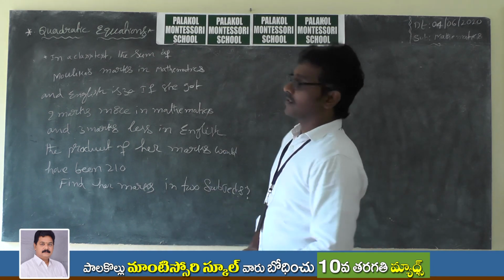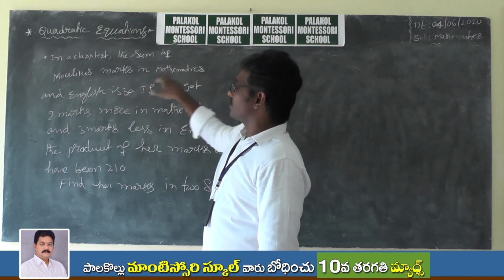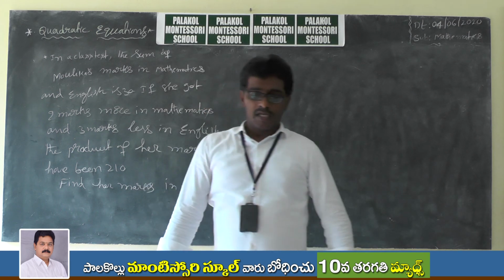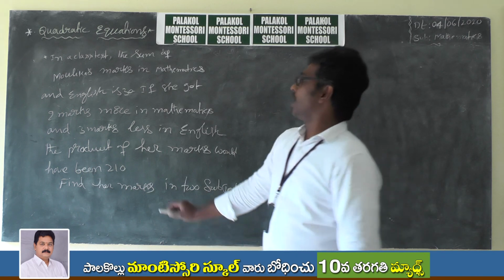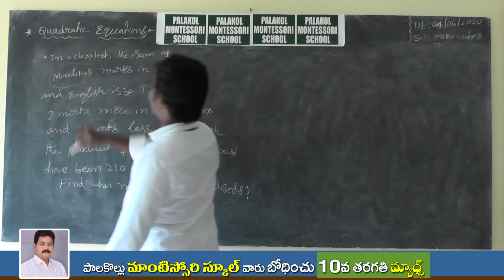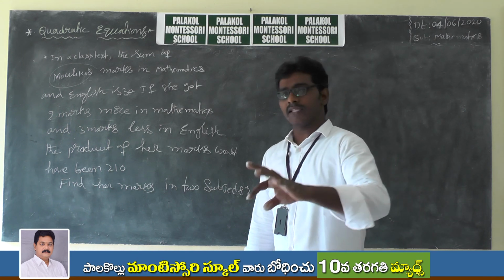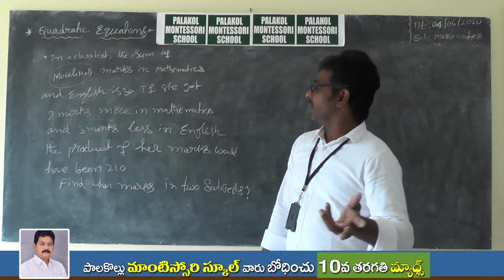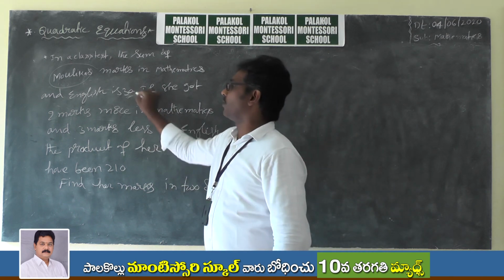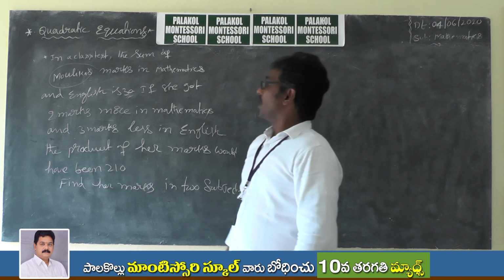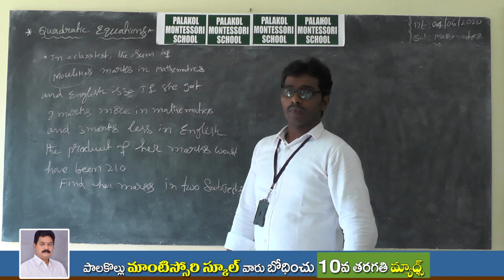See, in the class test, the sum of Monika's marks in mathematics and English is 30. In this sum, one person is there, named Monika. She writes 2 subject exams, one is mathematics, another is English. The sum of the 2 subject marks is 30.